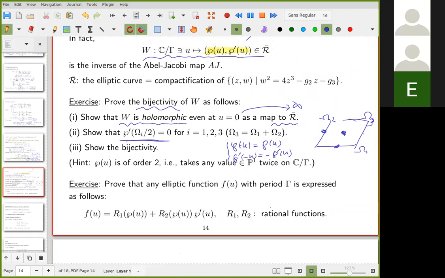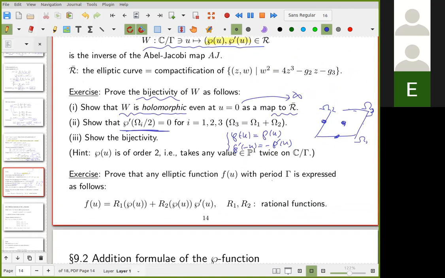And a more important, or more convenient, property of the Weierstrass function is that it is a building block of any elliptic function.